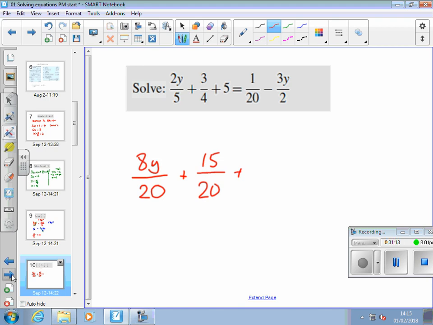This is 5 over 1. So 1 over 20. That'll be 100, isn't it? We've already got 1 over 20 there. Minus. And we want this one to be 20. 30y over 20.